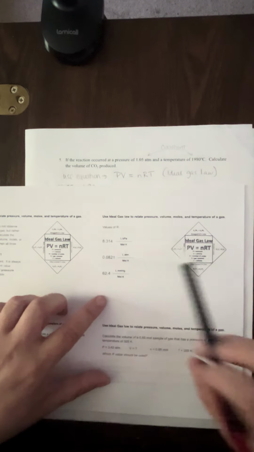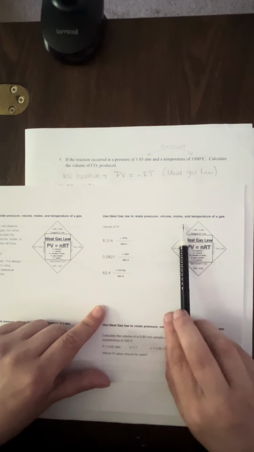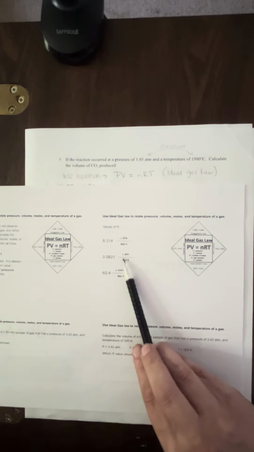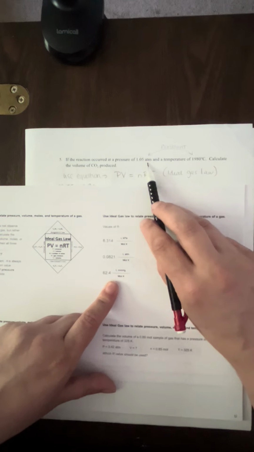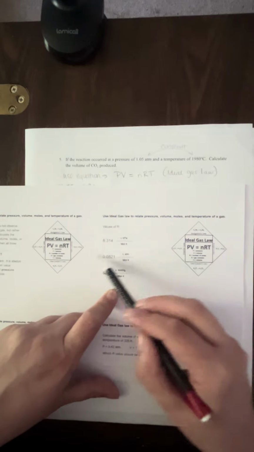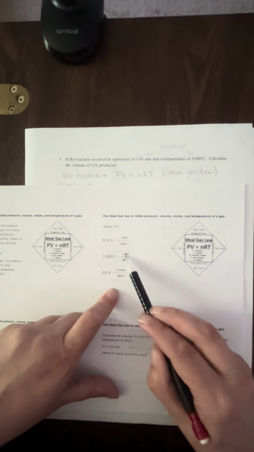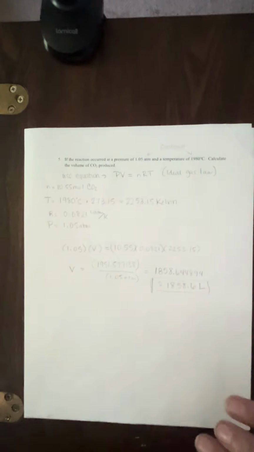Sorry about that. We use the ideal gas law with the value of R, because we have atm, or atmospheres. We're using this equation here because it is for atmospheres. Sorry about that.